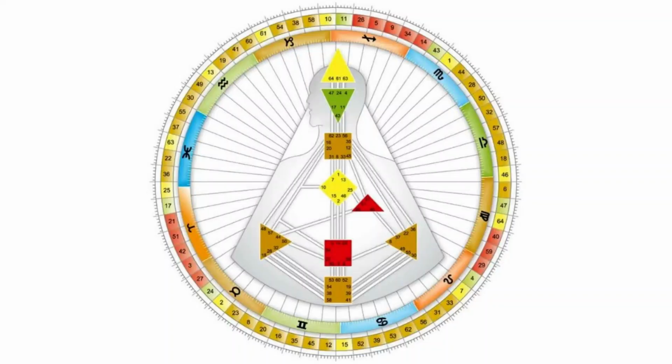Gate 44 is the instinct of recognition, the ability to sense patterns and recall what worked or failed before. As part of the tribal ego circuit, it supports survival through remembering who can be trusted and what alliances will serve the tribe's continuity.